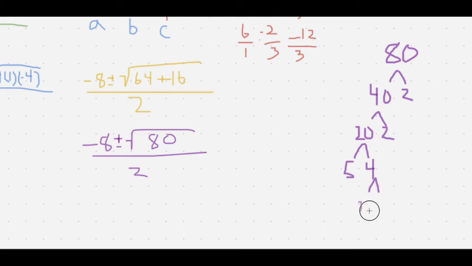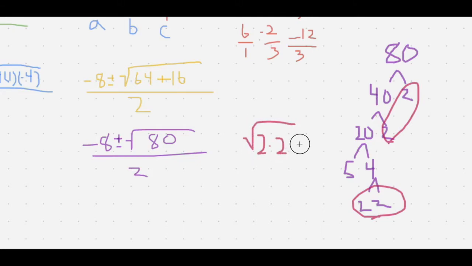And 4 is 2 times 2. And if we grab all of our like pairs, which would be these two and these two, if you want to see it, it would be the square root of 2 times 2 times 5.